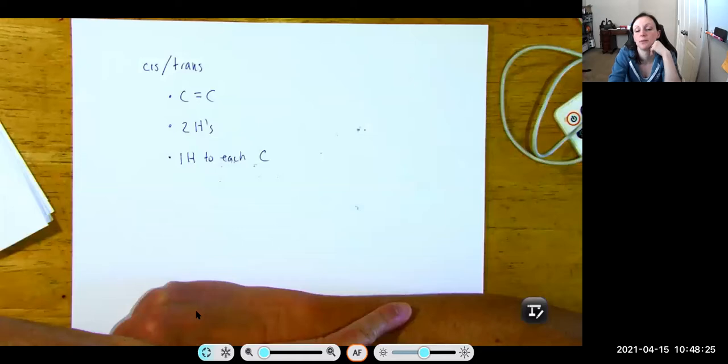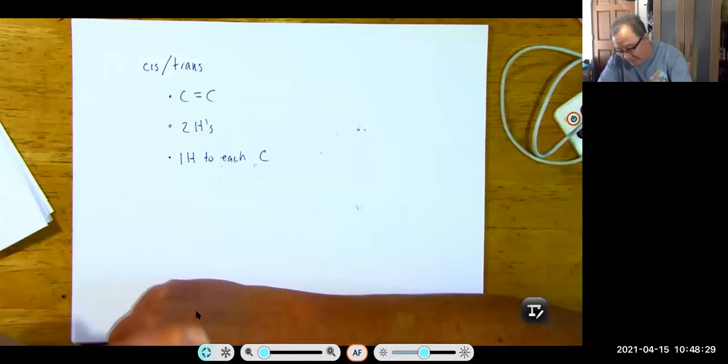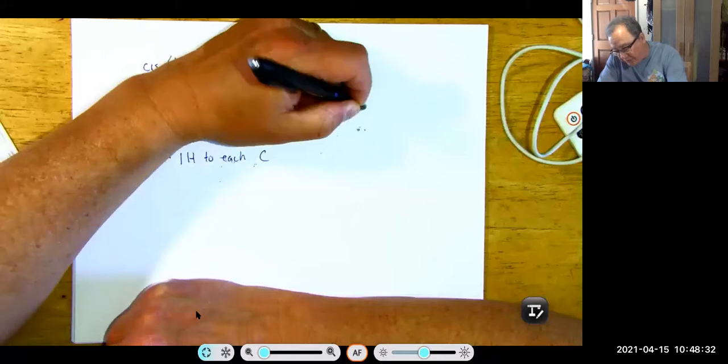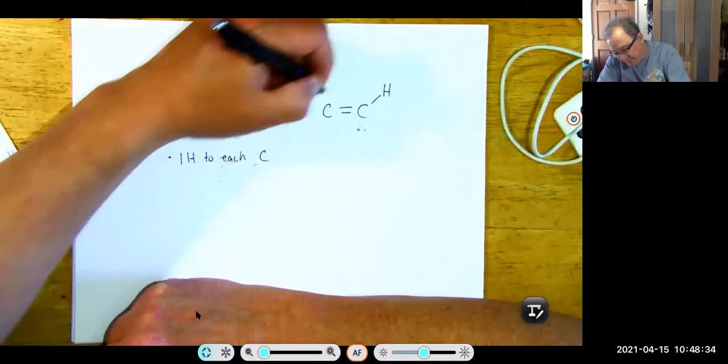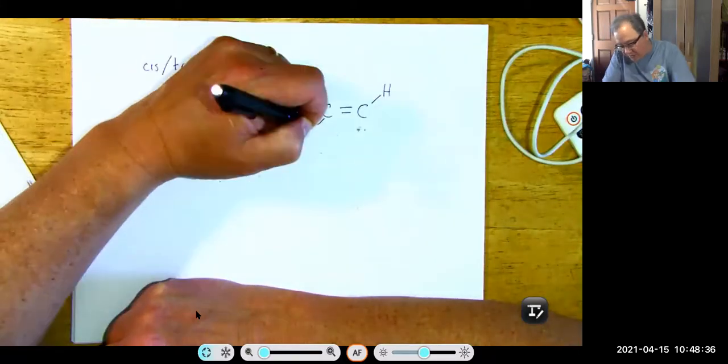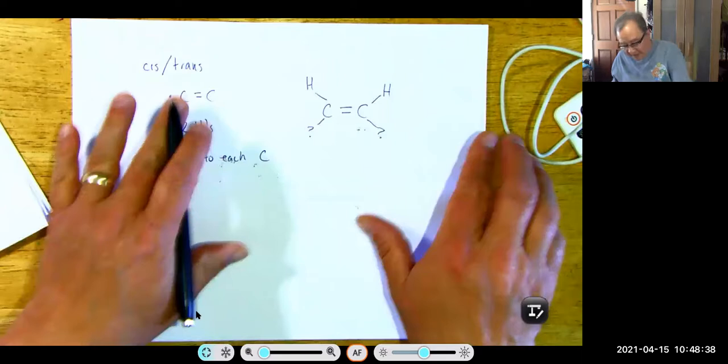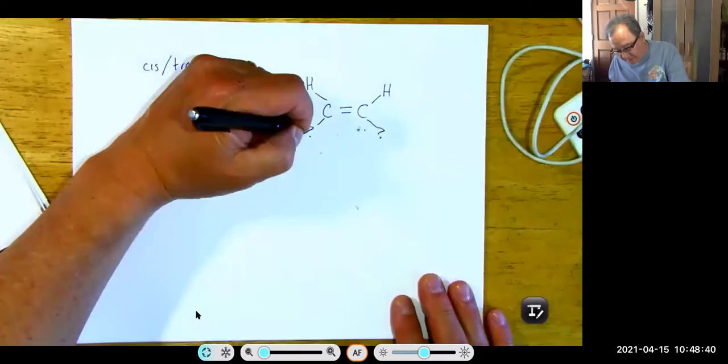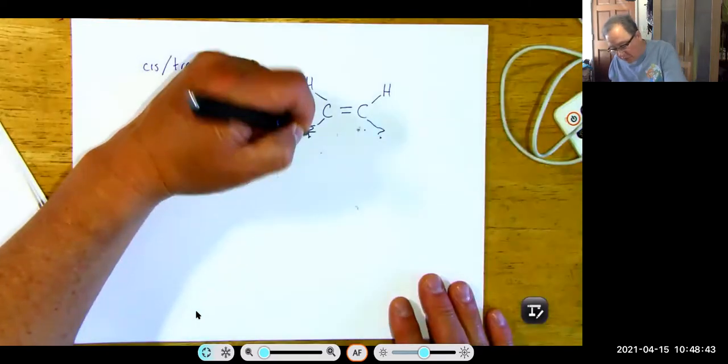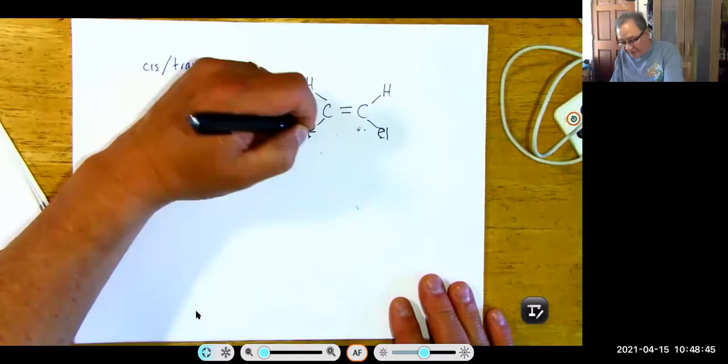So the hydrogen has to be bonded to the carbon. It has to be exactly two hydrogens. And it doesn't matter what the rest of this is. This could be a fluorine. This could be a chlorine. It's still cis.